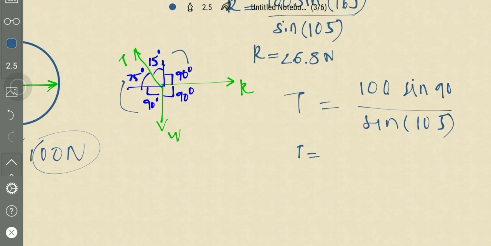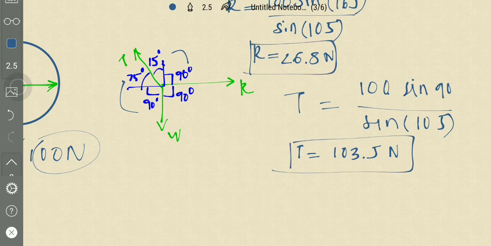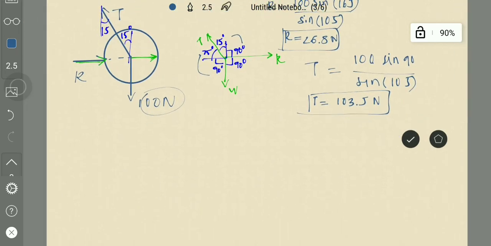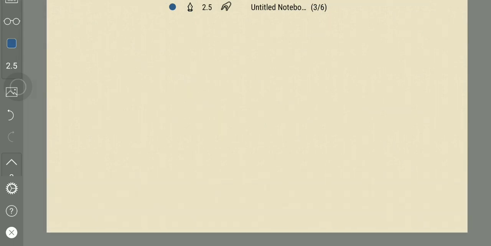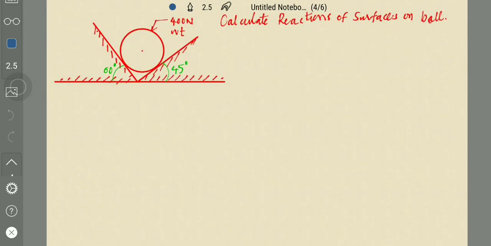T is equal to 103.5 newtons. These are the answers, T and R. Next problem.